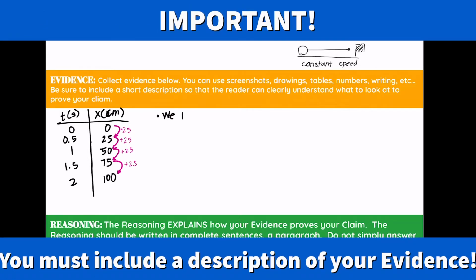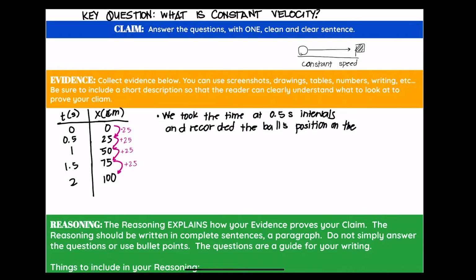so my group and I took equal, we took the time at 0.5 seconds intervals and recorded the bowling ball's position on the ruler.